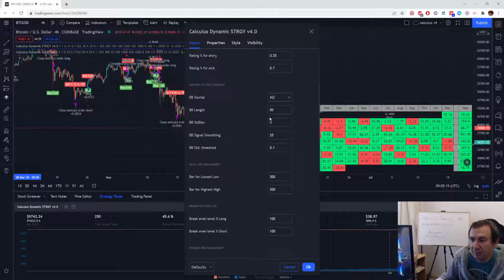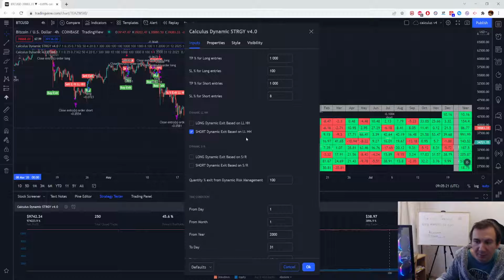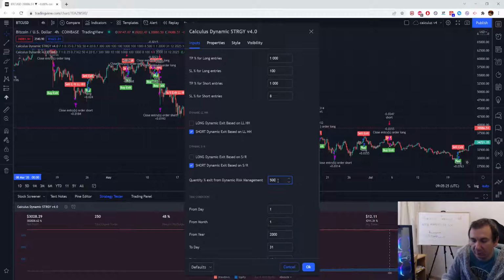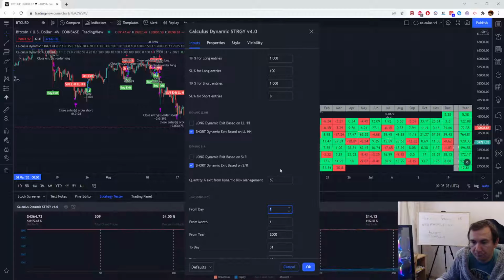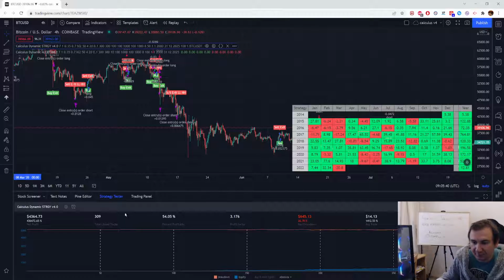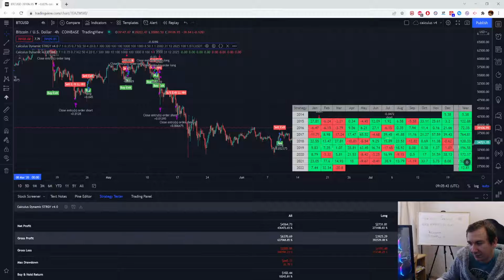But in this case, let's say you would want to make this one even better. For example, you can see we can increase the total profit by 10% in this case, by using both the dynamic exit from the support and resistance and the high low for the short. But at the same time, you can see that our profit was reduced in half.